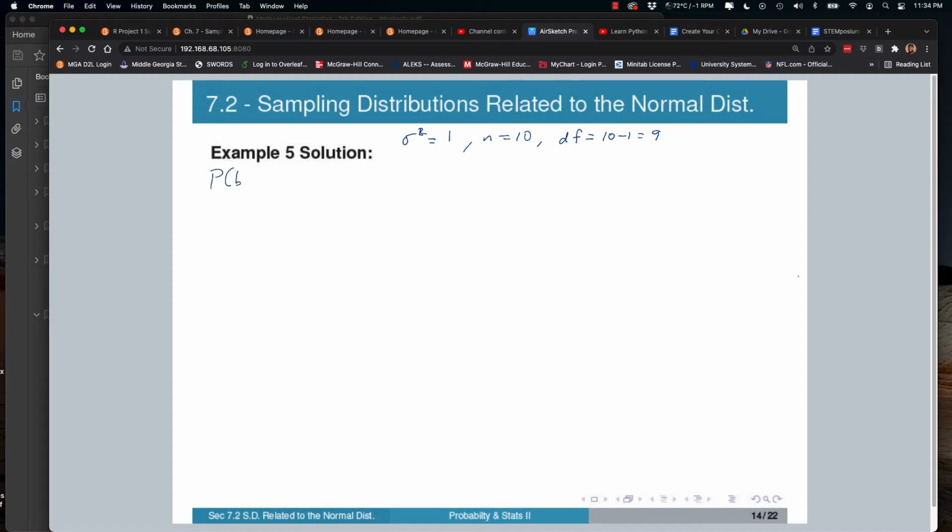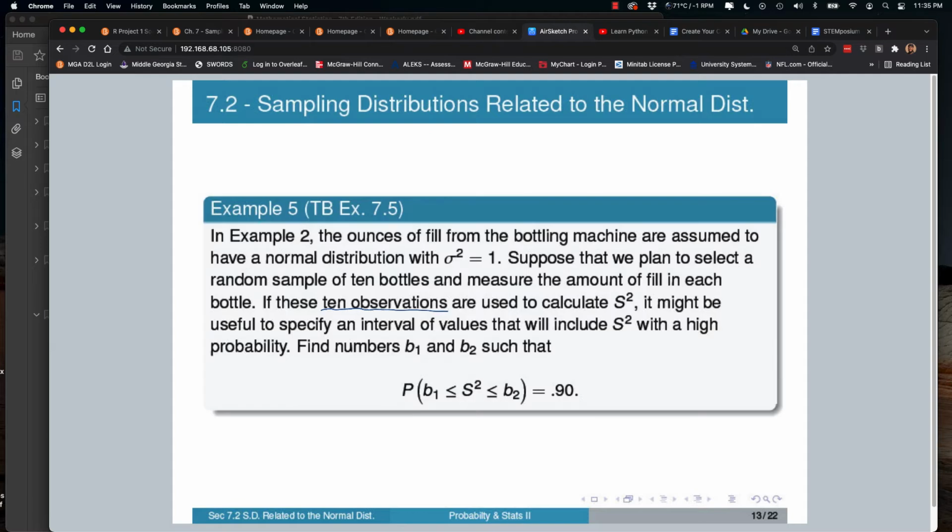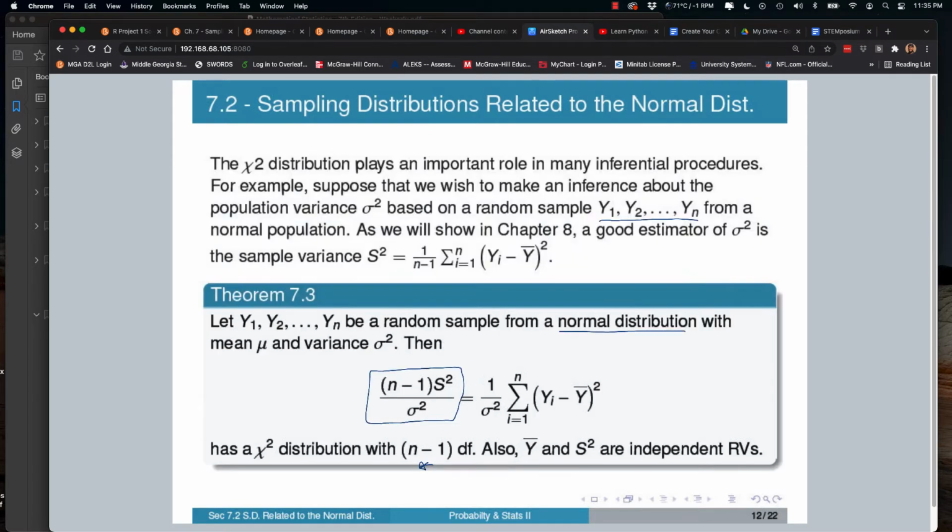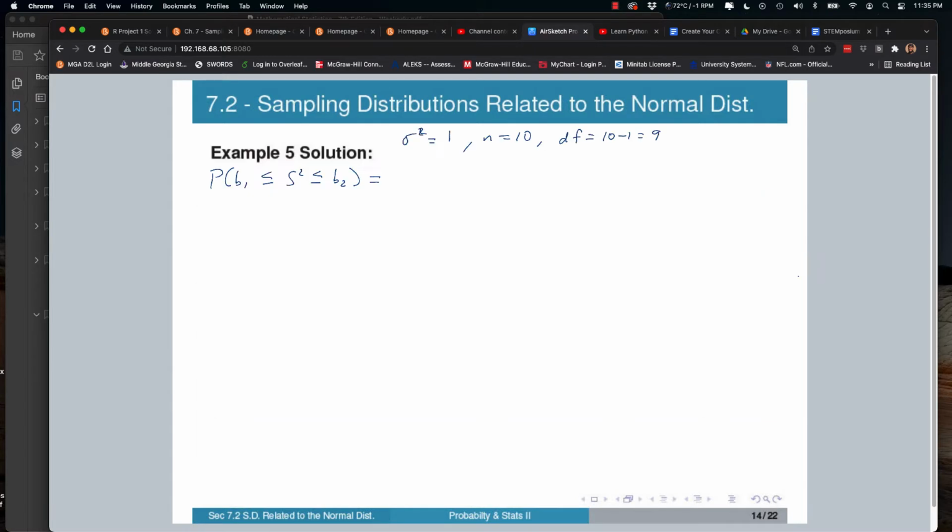So we're asked to find the probability that b sub 1 is less than or equal to s squared, which in return is less than or equal to b sub 2. And if we use the same rationale behind what we did with the normal distribution, that function I boxed in on the first slide, n minus 1 s squared over sigma squared, is what we have to do to turn this into a chi-square distribution.